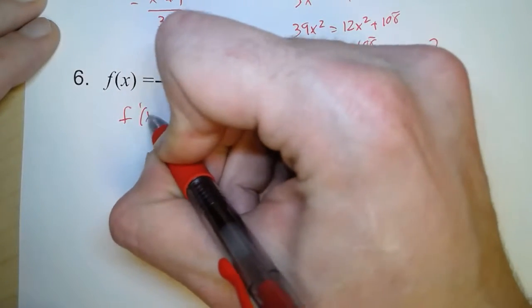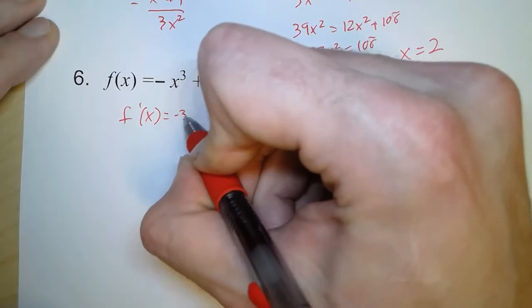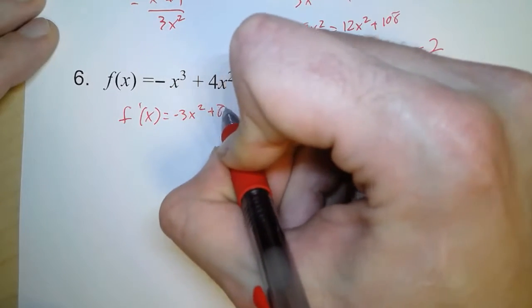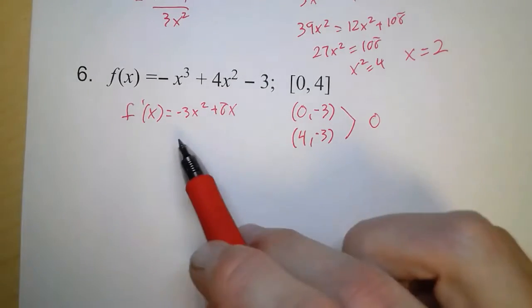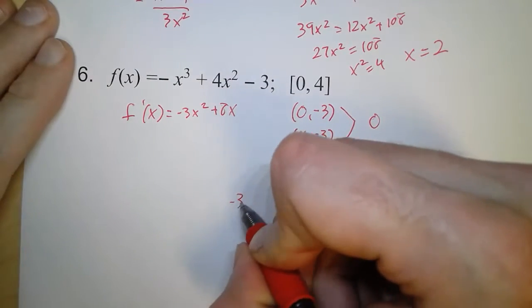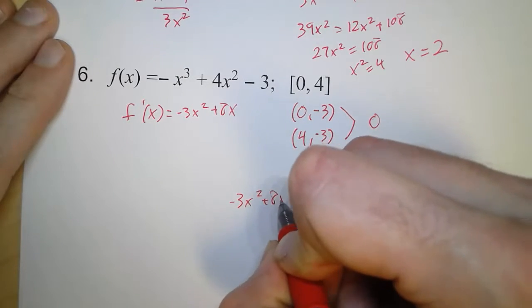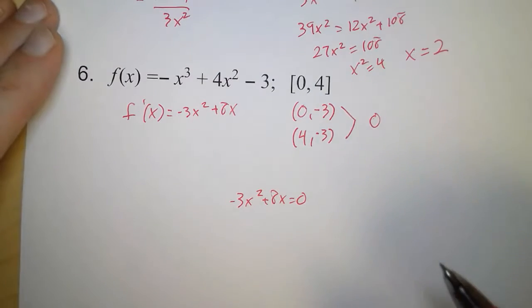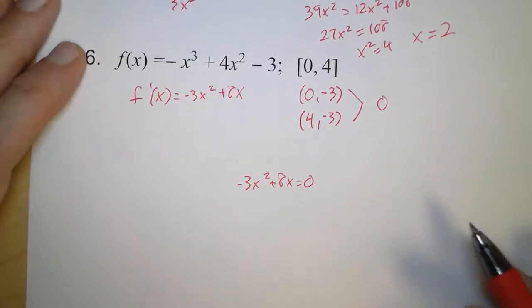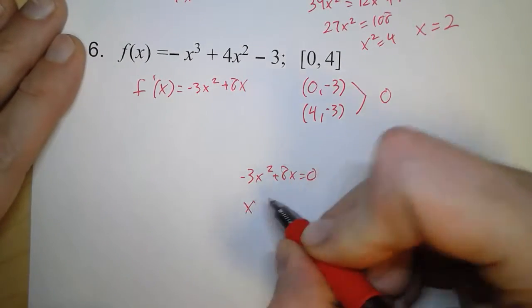So for f prime, that's going to equal negative 3x squared plus 8x. So when we set the derivative, negative 3x squared plus 8x, equal to 0, that'll give us the points on this interval where the tangent line and the secant line have the same slope. Factor out an x.